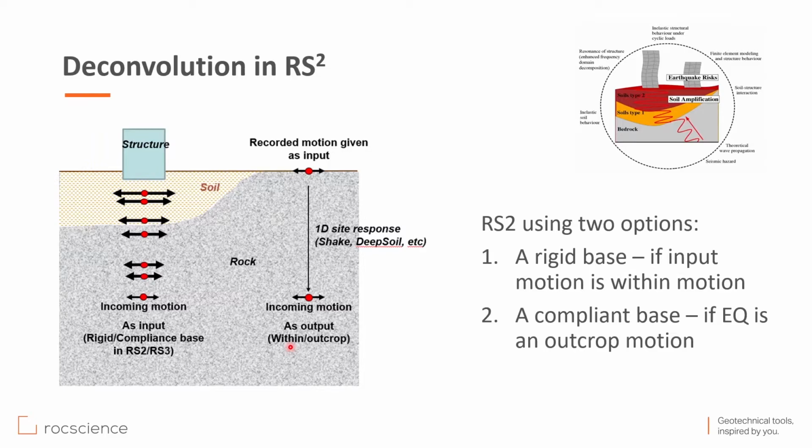The choice of rigid or compliance base depends on whether the earthquake motion to be applied at the base of the model is outcrop motion or within motion. Outcrop motions are recorded on top of the rock layer, as I mentioned before, while within motions are either recorded at a specific depth from the soil surface or computed by performing site response analysis.